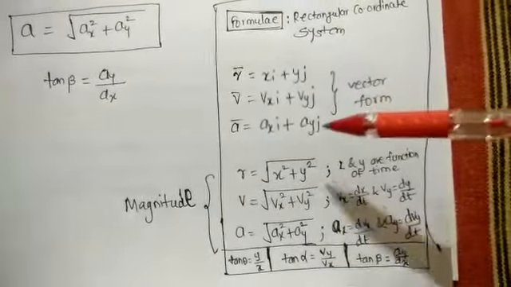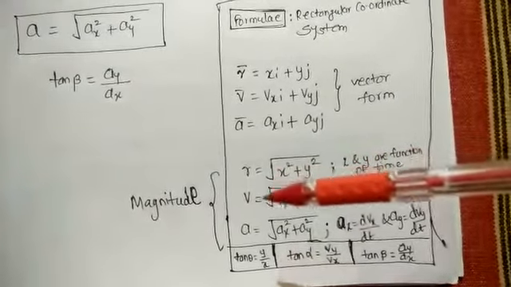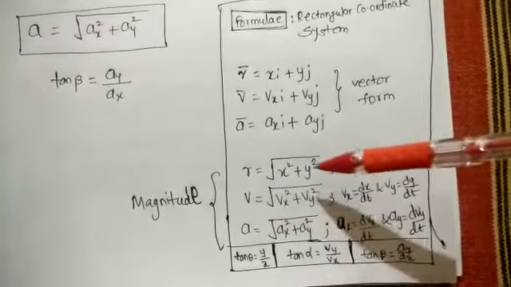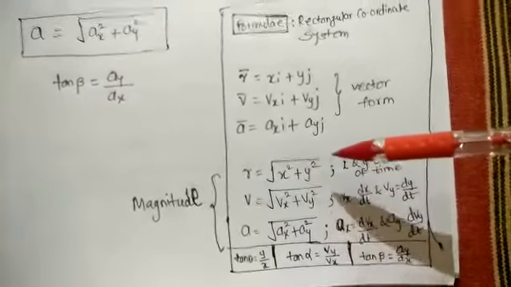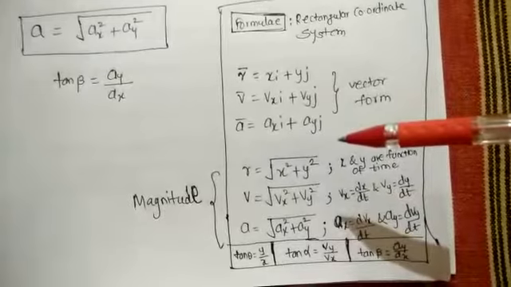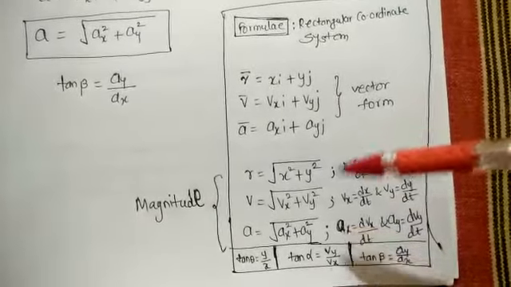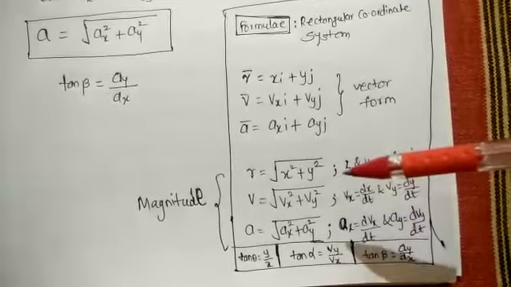Okay. And when we want to find out the magnitude of position, velocity and acceleration, we have to use this: r equal to under root of x square plus y square, where x and y are the functions of time, and v equal to under root of vx square plus vy square.